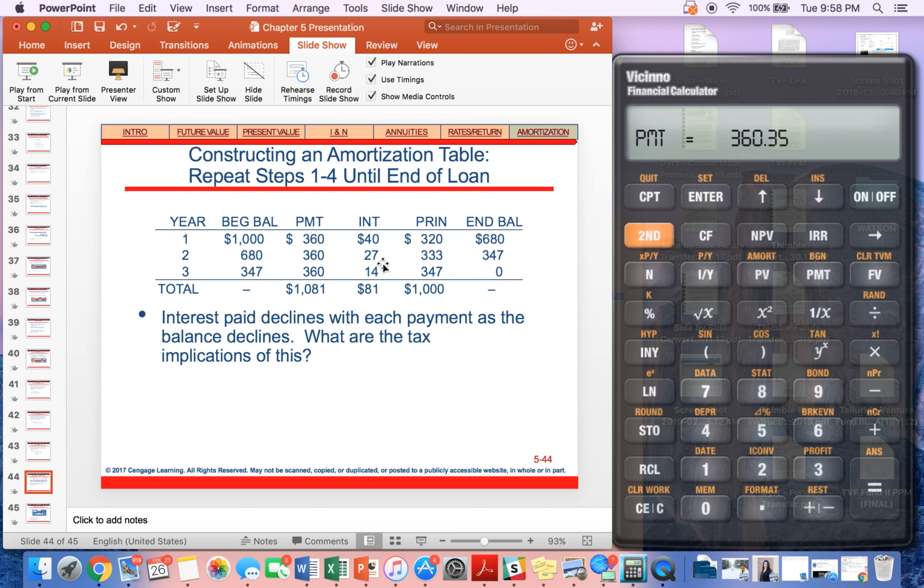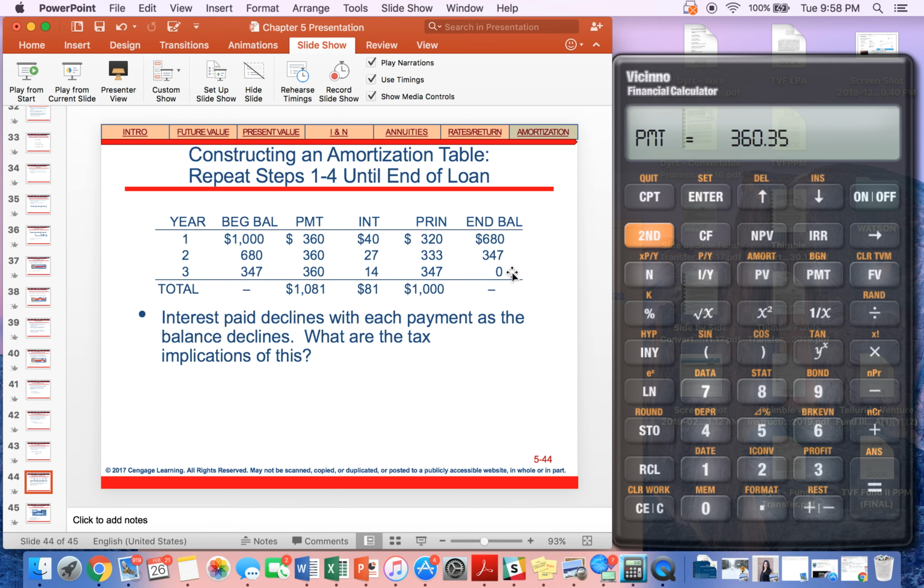Step 3, we're going to take that 360 payment and deduct $27 from it to get the principal of $333, okay? So we'll deduct that $333 from the beginning balance to get our ending balance, and so on until you reach the end of your amortization schedule.